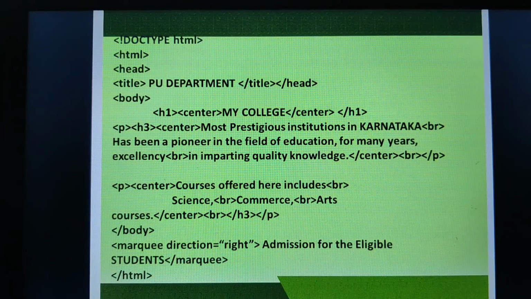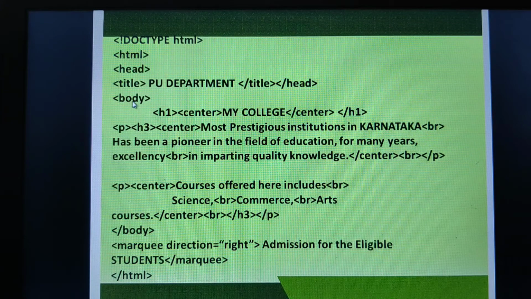Now here is a program. I want to create a web page related to my college. So here in the doctype HTML head, I'm giving the title as PU Department. Closing the title and the head tag, I want this content to appear on our web page.